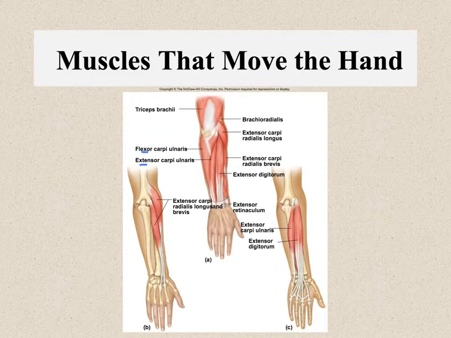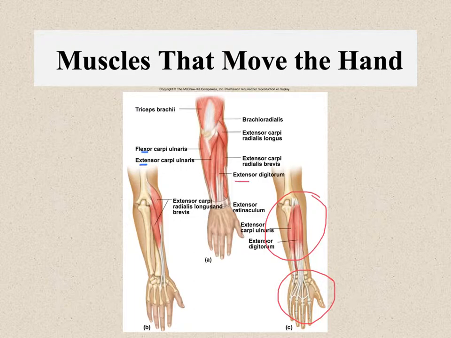You do not need to know any of the muscles that move the hand. I included this slide just to show you that down in the hand and your fingers themselves, you don't have any muscles. But these long tendons connecting to muscles in the forearm are what enable you to move your fingers in so many delicate movements. And if you look at these names, again, these are names that give you an idea of what they did.